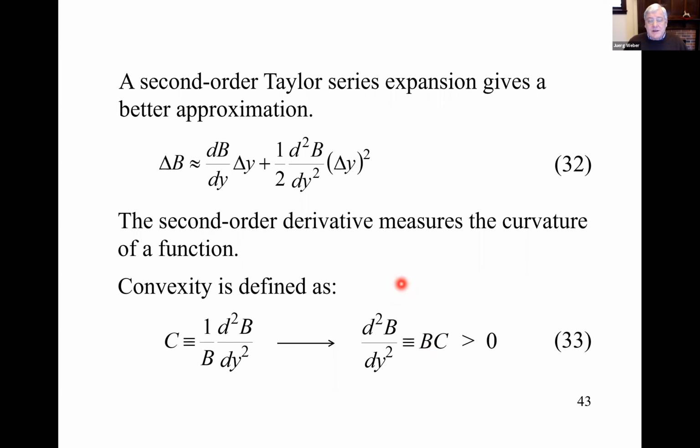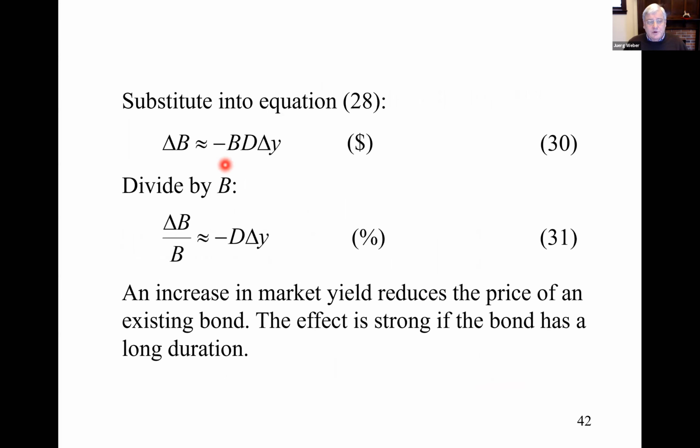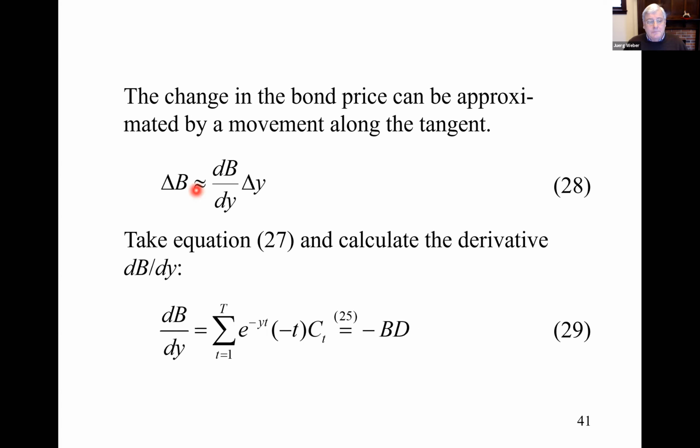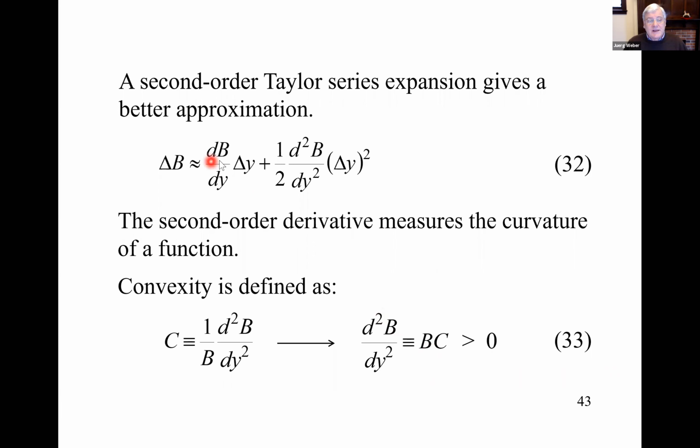So we can plug in this here. Let's take this, plug it in here. And then also plug in from before for the first order derivative. Remember, the first order derivative was just minus BD. So take that again here, use it here, and use this here.